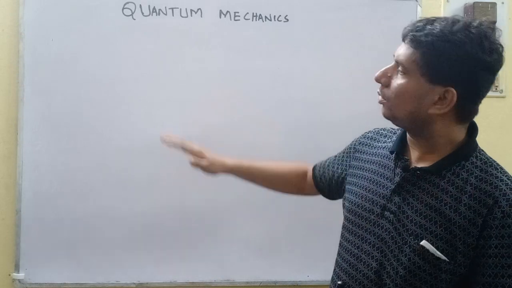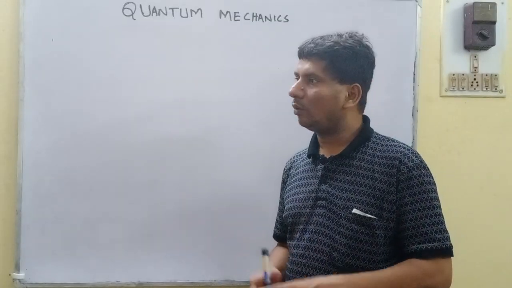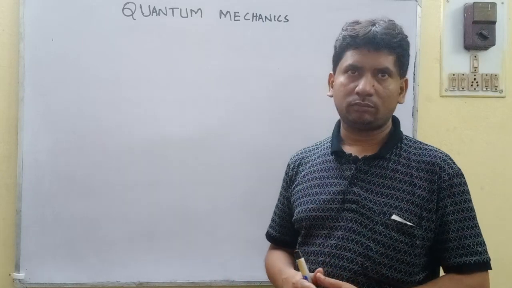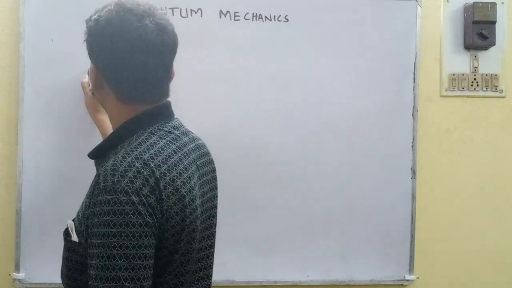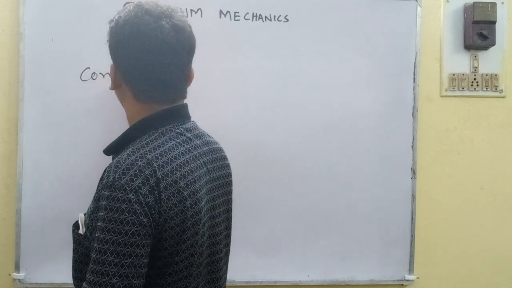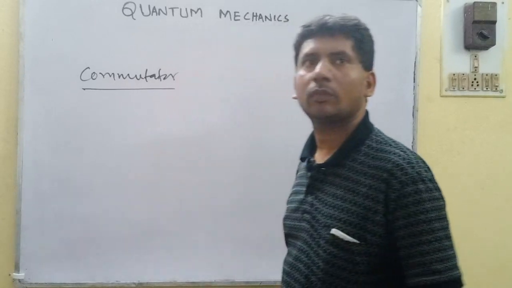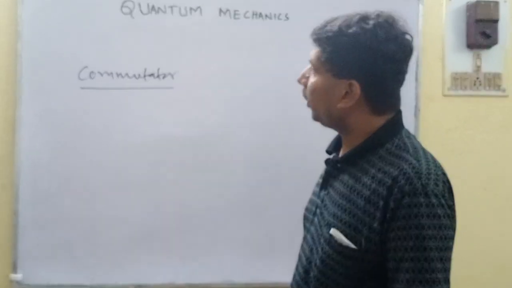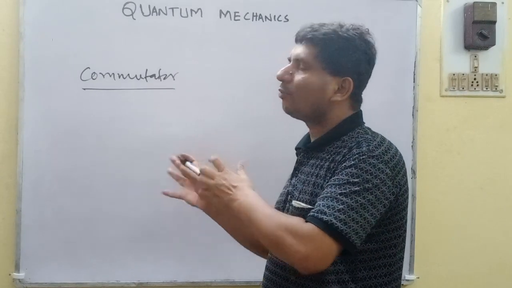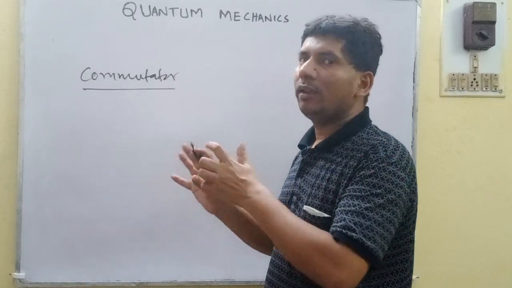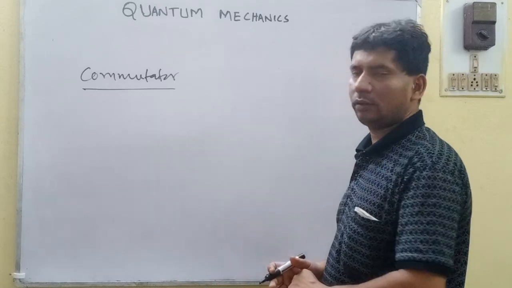And at first, to go to operators, we learn the commutator. What is a commutator? Because we will use the commutative rule in dynamic variables and operators.